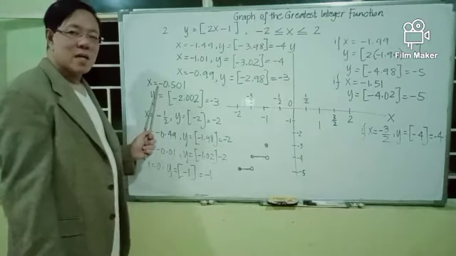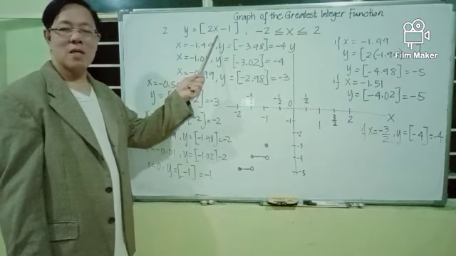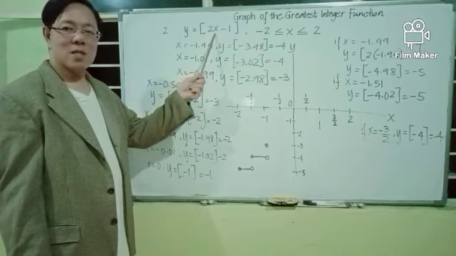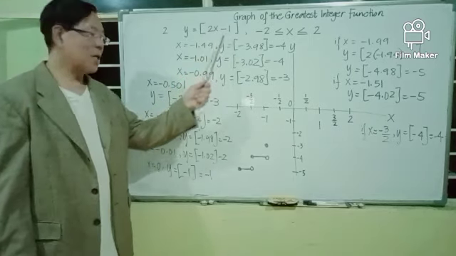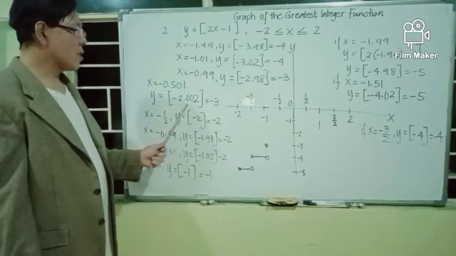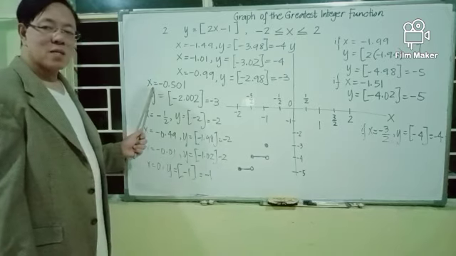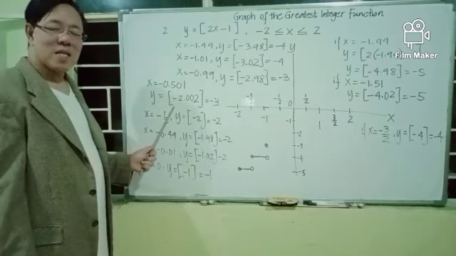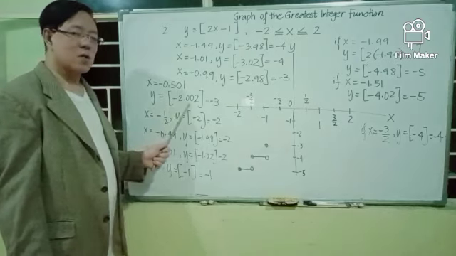When x equals negative 0.501, substitute in the greatest integer function. 2 times negative 0.501 minus 1. Using your calculator, you should get negative 2.002. When x equals negative 0.501, the value of y is the greatest integer that is less than negative 2.002.